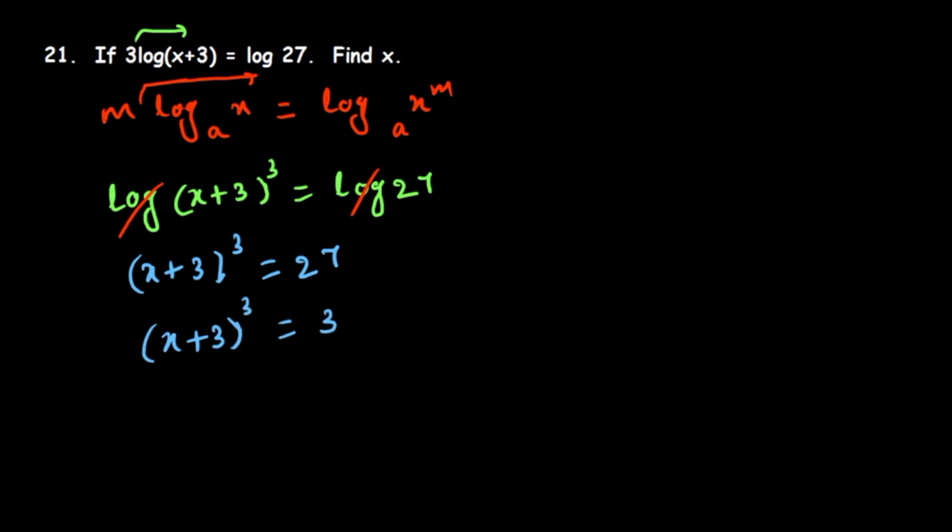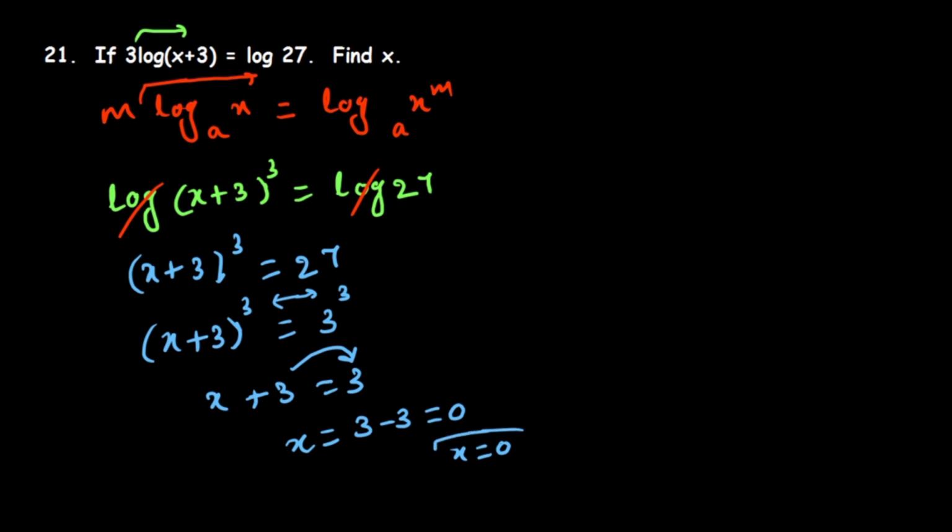Now you can observe here the powers are equal, then bases we must get equal. So x plus 3 equal to 3, then x equal to 3 minus 3, okay, plus 3 becomes here minus 3, which is equal to 0. So finally here x equal to 0. Okay, so if you want to check whether it is correct or not, you can test it.